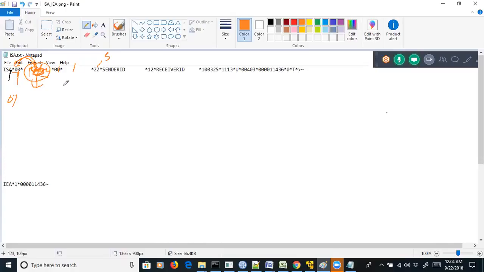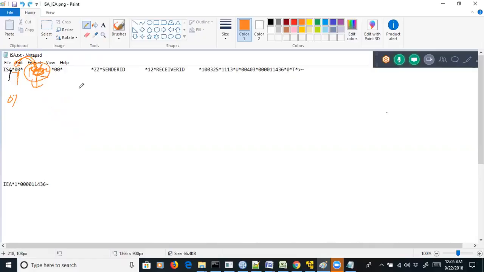As I know, 00 means the next information is blank, the next information is absent. Similarly, there is a meaning for 01, 02, 03, and you can find that information in the EDI specification, and you can search for it on Google. When you implement EDI, you will be provided that information.